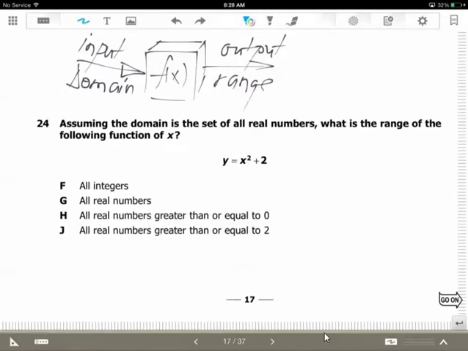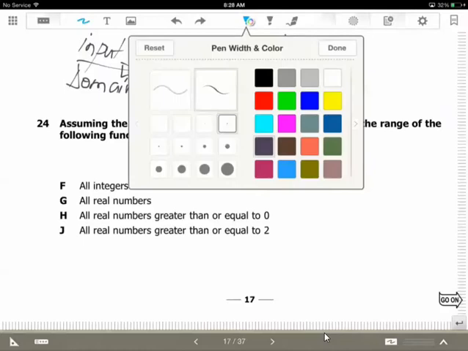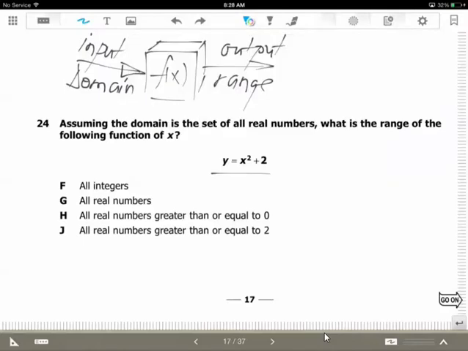Now let's check our function here. It says the domain is the set of all real numbers, which means x could be anything. To be able to answer this problem right, I will start by giving positive values to my x, and let's make it equal to 0 also.